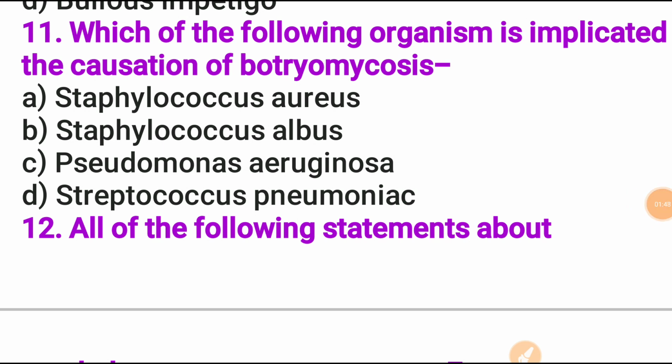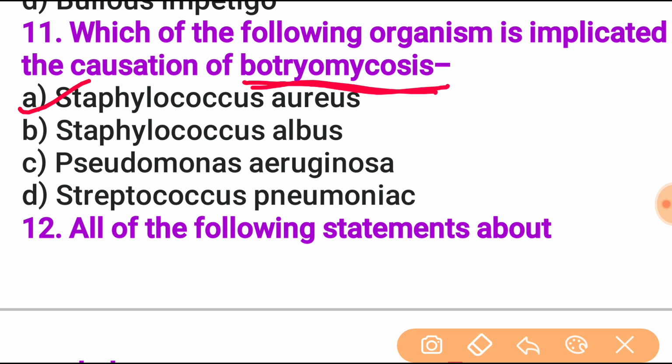The right answer is Staphylococcus aureus. It causes a mycetoma-like lesion called botryomycosis, so do not confuse it with a fungal infection. The organism is Staphylococcus aureus.